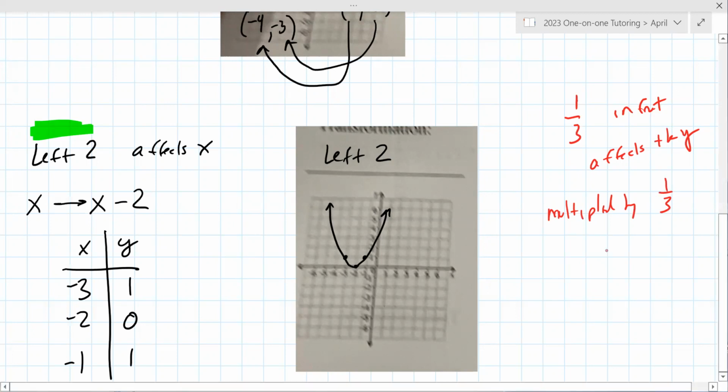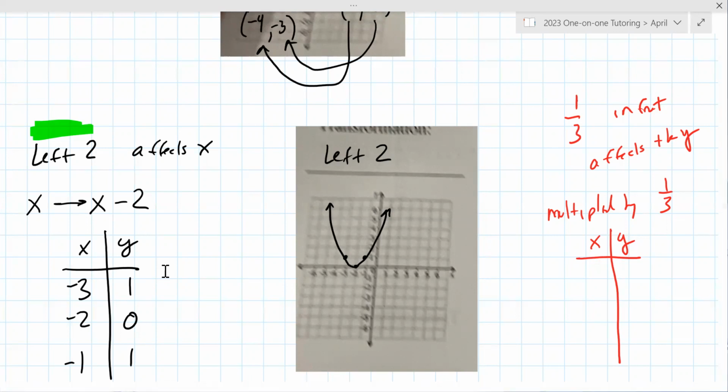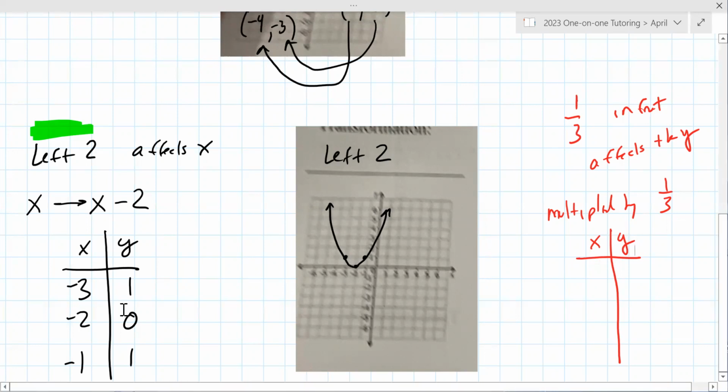Okay, so we're going to do that here. We've got an x and a y. I want you to take each of these y values and multiply by 1/3. So is it clear what I'm asking you to do, Sourish?